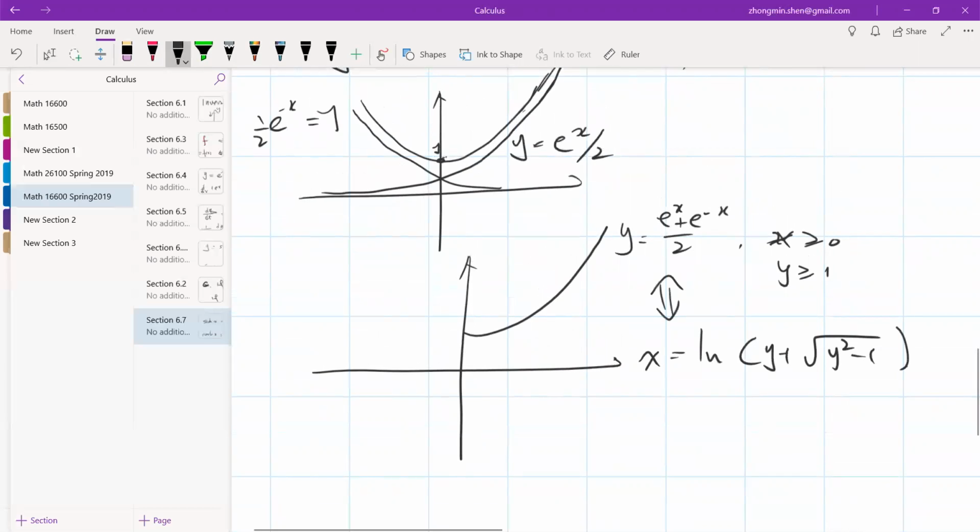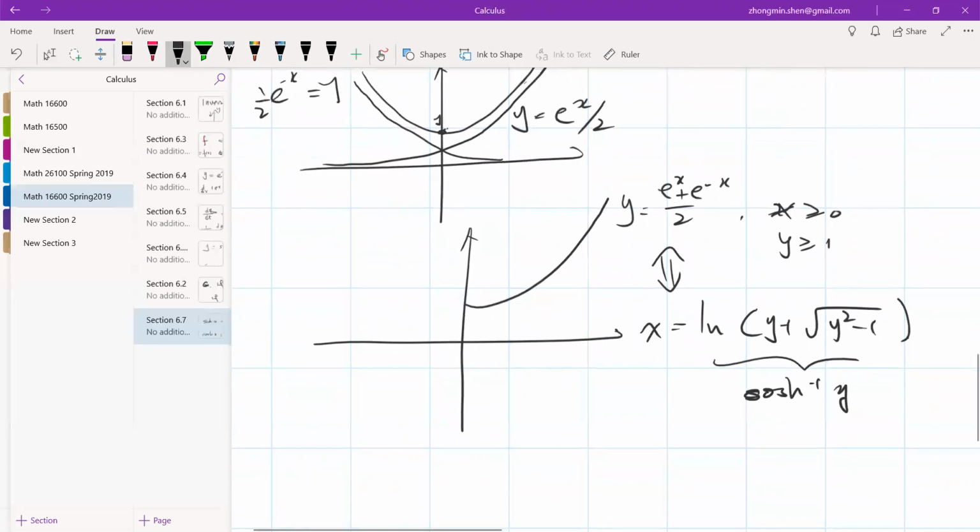This is the inverse hyperbolic function. So just solve the quadratic equation, you will get this expression. So clearly from this expression, y cannot be less than 1, right? Y squared cannot be less than 1, so y is greater than or equal to 1.